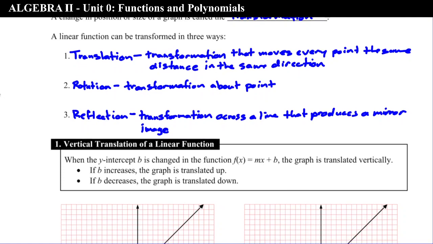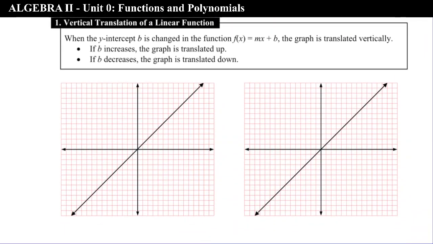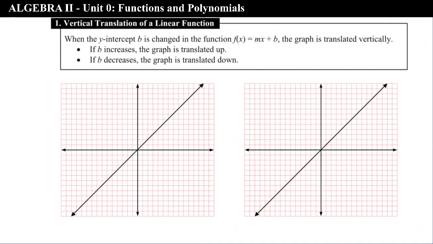Let's start off by talking about translations, okay? And specifically a vertical translation of a linear function. So here I have a couple of graphs, and I've begun with our parent function. And remember, our parent function is y equals x. So our slope is 1, so you can see we're going diagonally across all of our grid boxes.